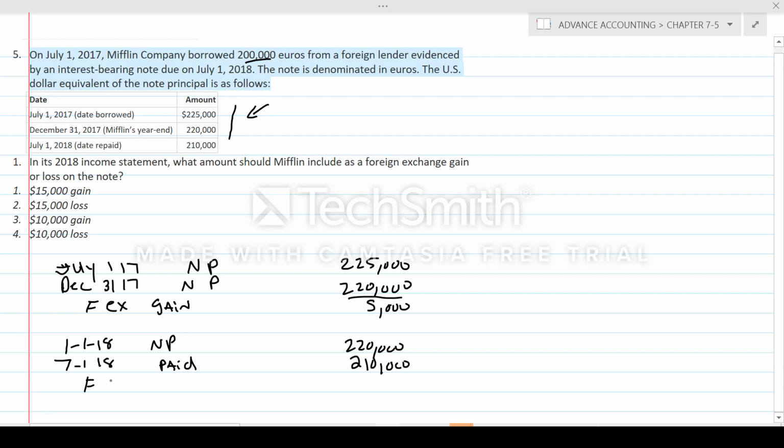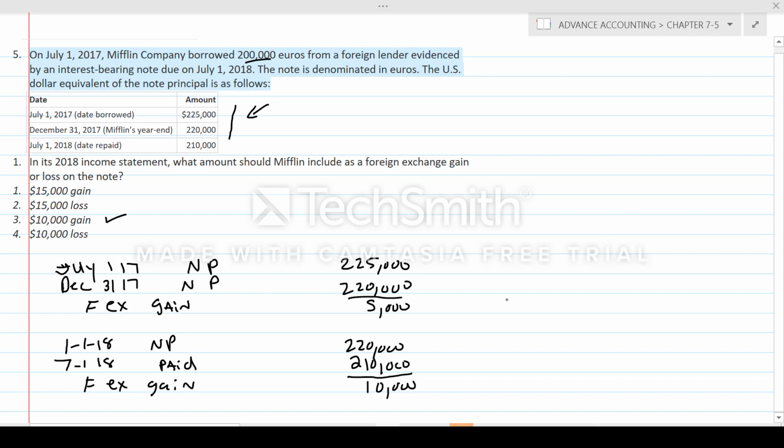So that would give them a foreign exchange gain of $10,000. So the gain for 2018 is a $10,000 gain. So the answer is 3.